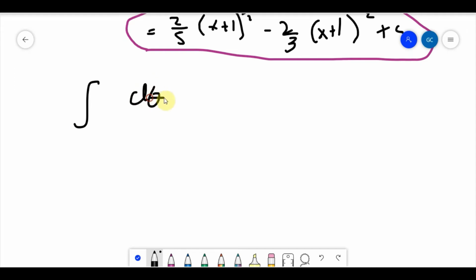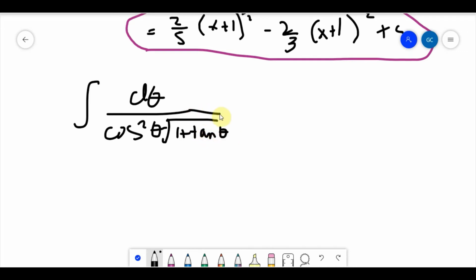Next, the integral of d theta over cosine squared theta, oops, I meant to say times the square root of 1 plus tan theta. Now, what could be our u here?